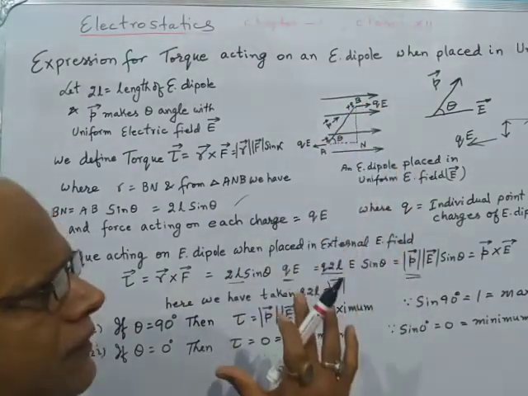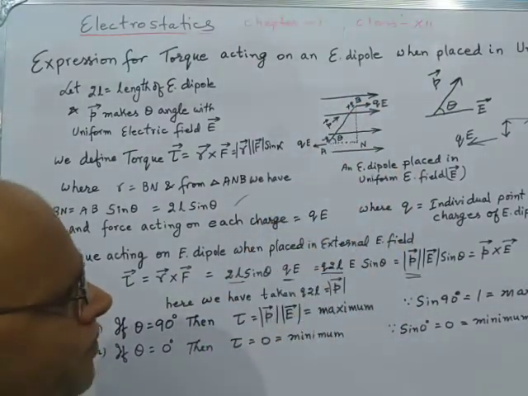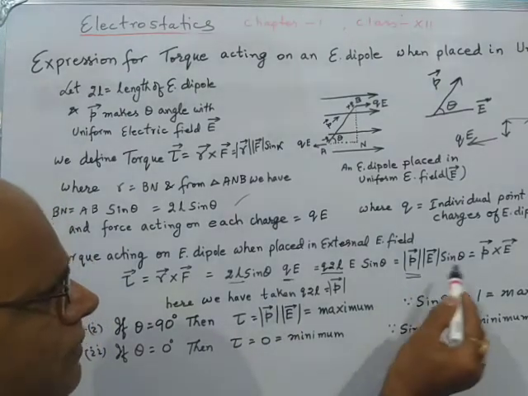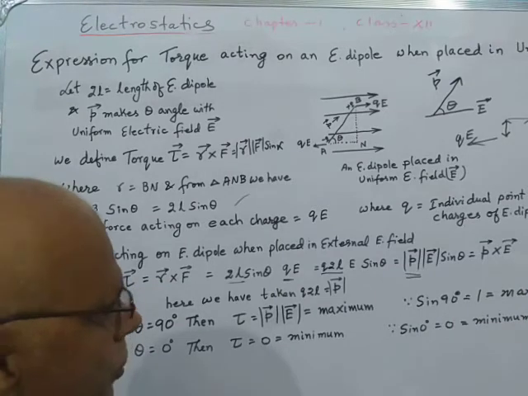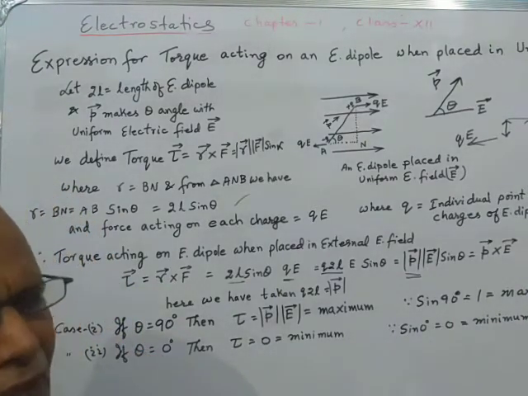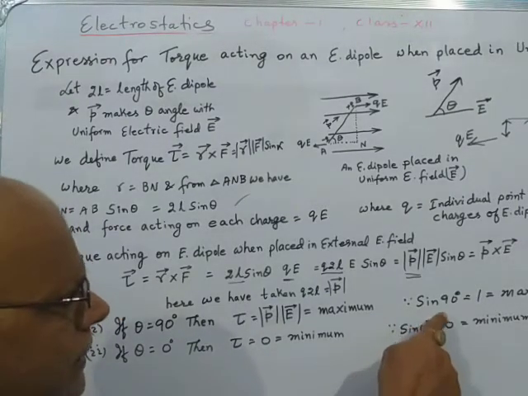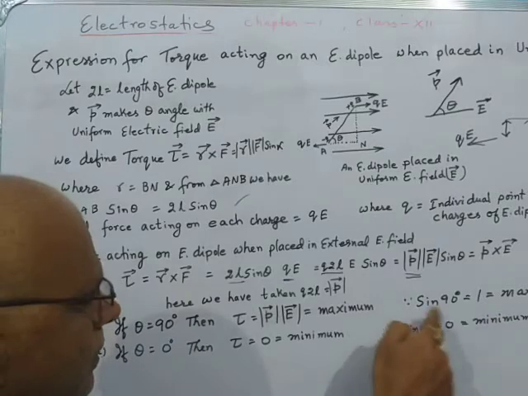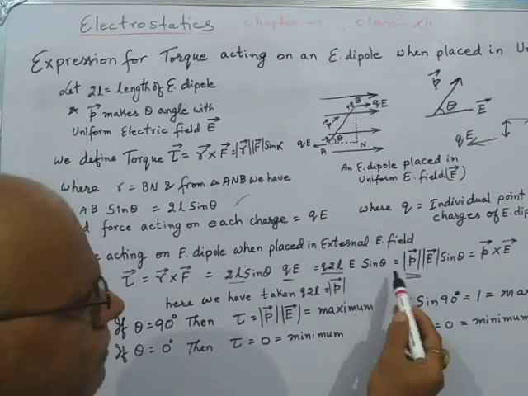Whenever we place an electric dipole in an electric field, a torque acts on it, and the value of this torque comes out to be P cross E. Now students, if we take the case where theta is equal to 90 degrees, then sine 90 is 1, so this factor becomes 1, that is maximum.